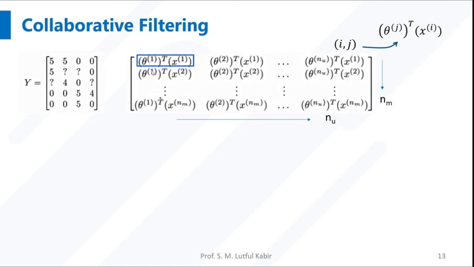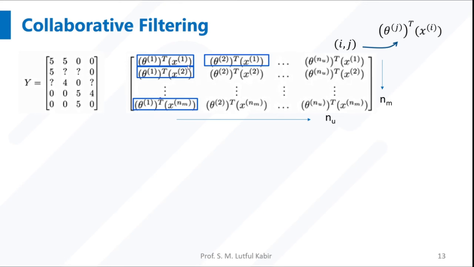For example, the first element is for movie number 1 rated by user number 1. Similarly, this one is movie number 1 but rated by user number 2. This one is the rating given by user number 1 for movie number nm, that means the last movie.